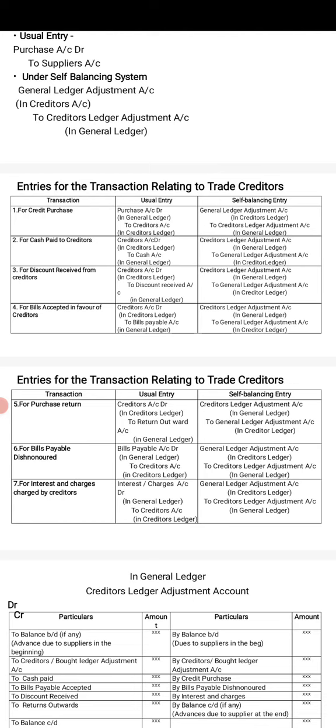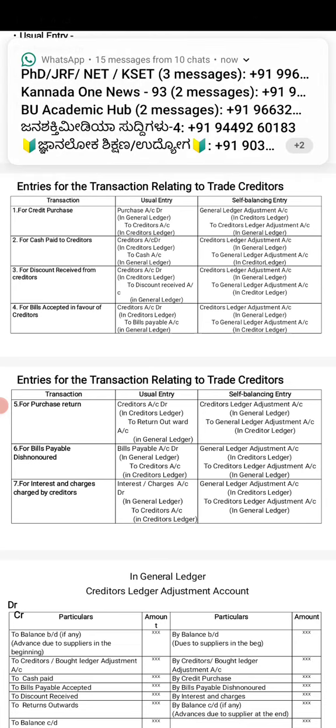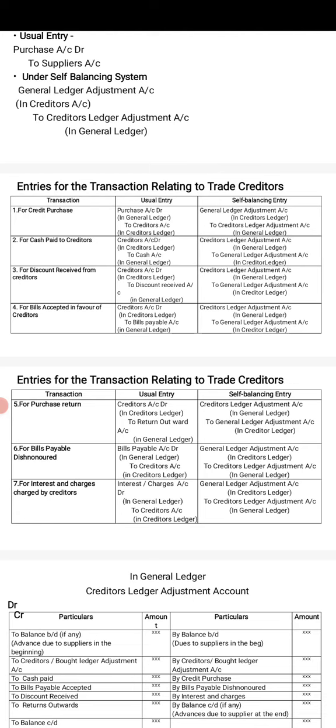Third entry, for discount received from supplier. So the entry will be creditors account debtor to discount received. In self-balancing, creditors ledger adjustment account debtor to general ledger adjustment account.